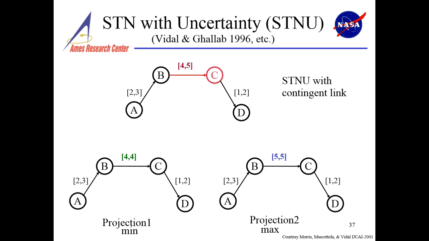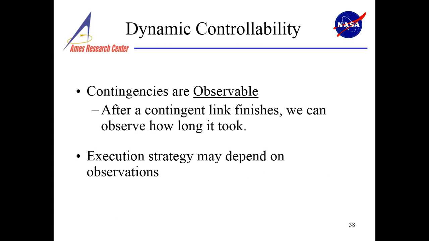To model this, we would really use a simple temporal network with uncertainty where besides the ordinary requirement edges, you have contingent links like this. Now, any STNU gives rise to a family of ordinary STNs called the projections, where the contingent links take on all of their possible values.